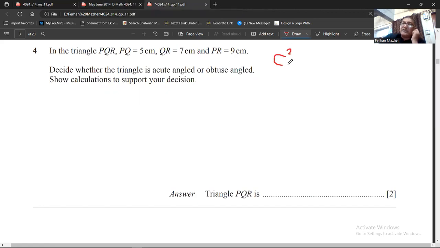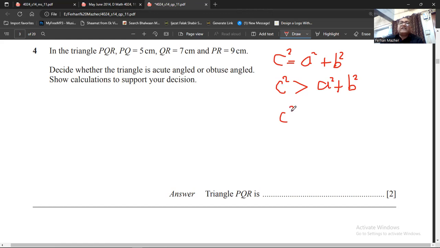If C square is equal to the sum of the squares of the other two sides, then it's a right angled triangle. If C square is greater than the sum of the squares of the two smaller sides, then it's an obtuse angled triangle.